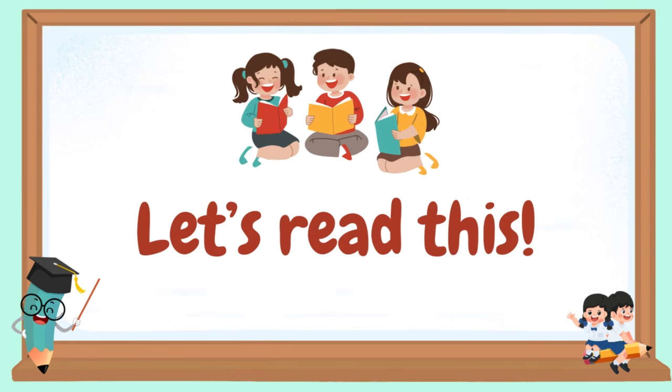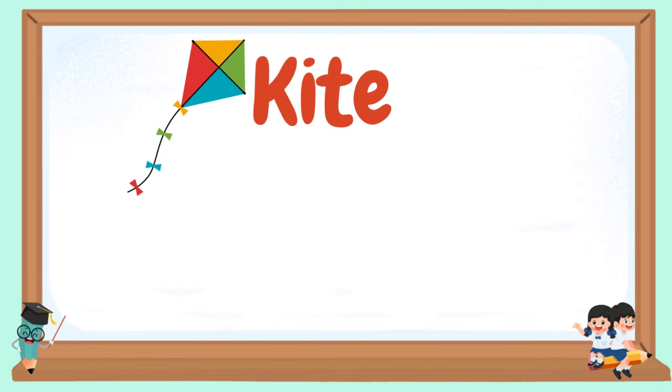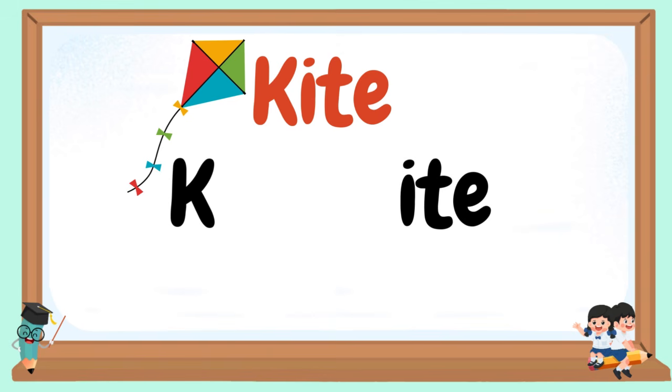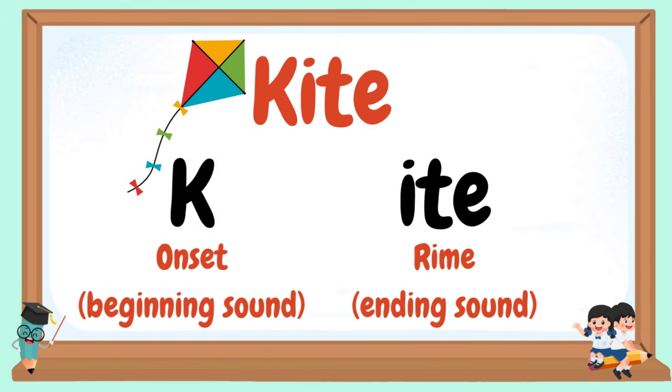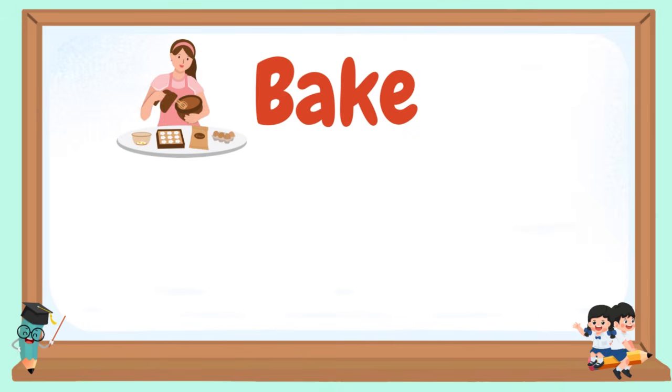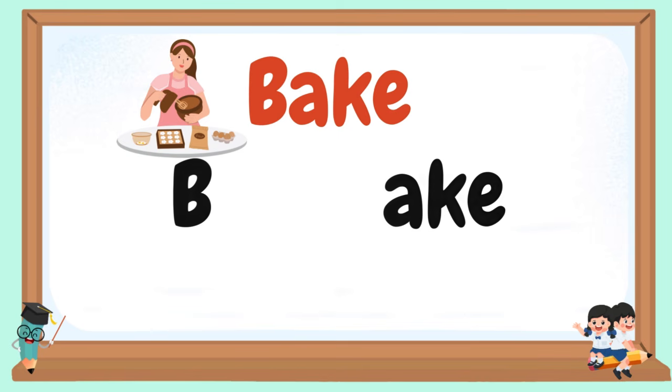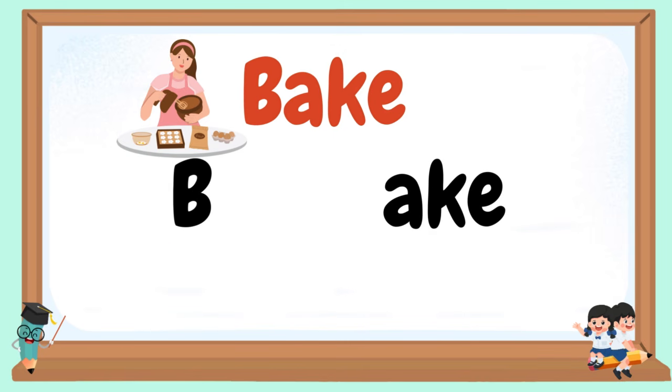Let's read this. Kite. K, ite. K is onset or beginning sound. Ite is the rhyme or the ending sound. Bake. B, ake.